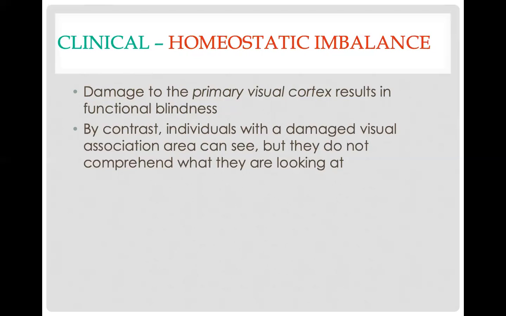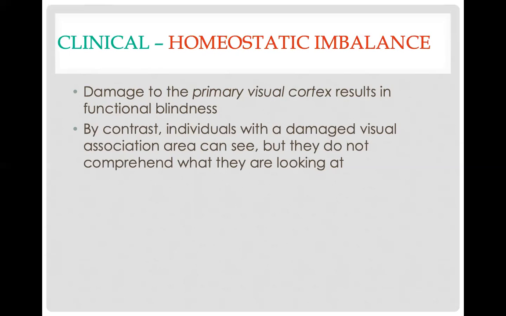That doesn't mean there's anything wrong with their eyes. The eyes are collecting data, but by the time the data reaches its destination, which is the primary visual cortex, you're dumping that data to nowhere. Now, these people cannot see, so therefore they cannot distinguish the objects.